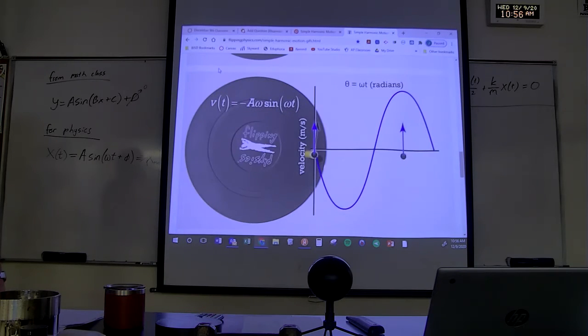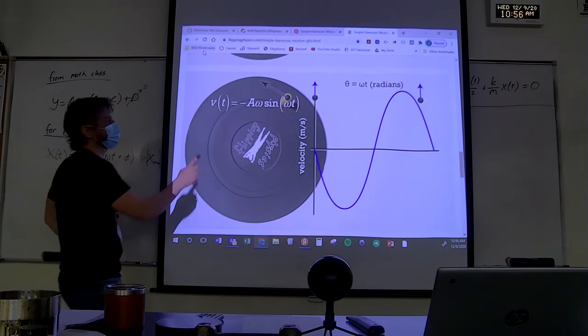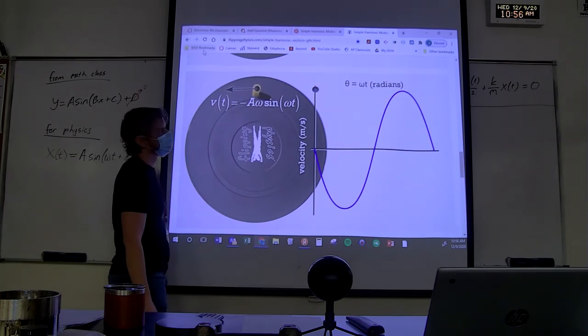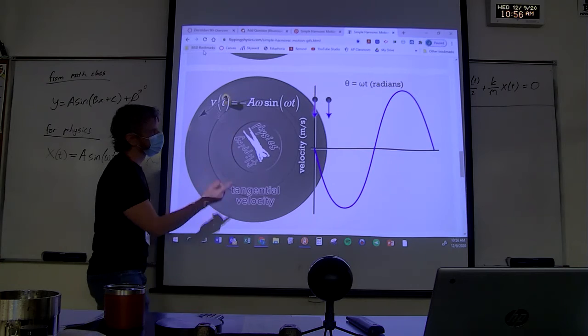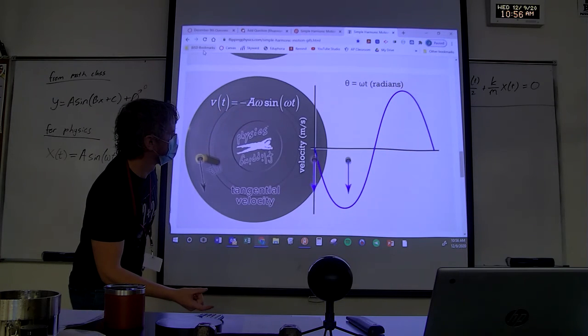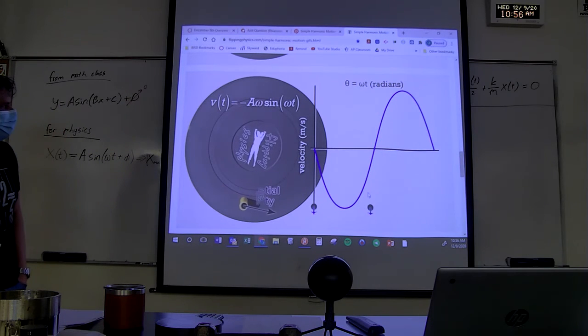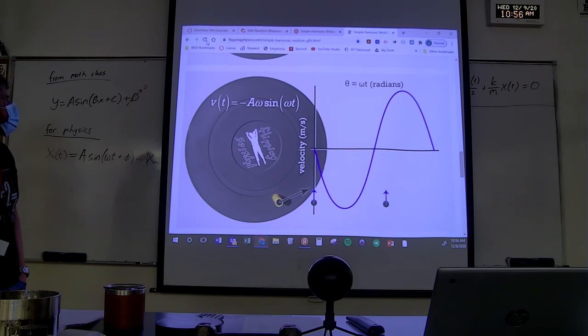Now we're talking about the linear velocity of this object as it goes through. And notice, it's kind of weird. Why is it off to the side there? What's going on here?